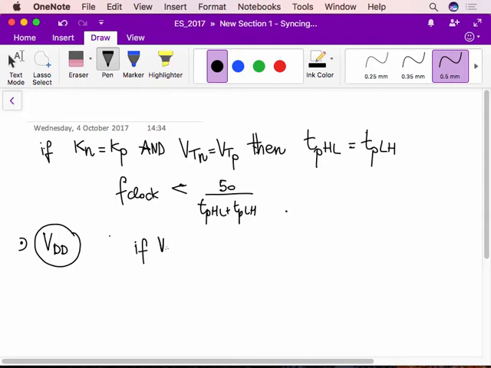If VDD increases, then in general, let's write TP, the single TP, both the TP decrease and F clock can increase.